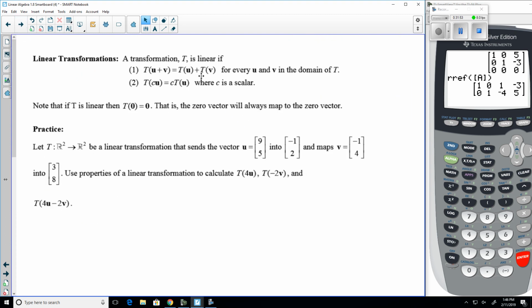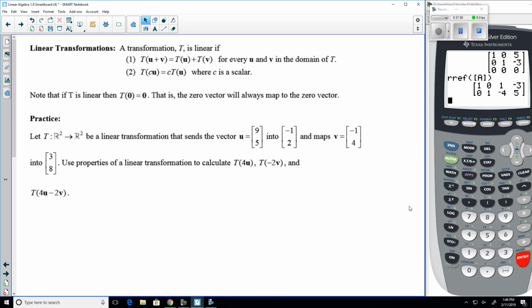Okay. A very important concept here is what we call a linear transformation. These transformations are like functions. Do they have this property that we call linearity? Are they a linear transformation? They are if they satisfy two conditions.